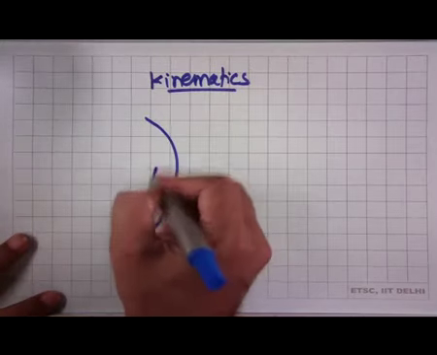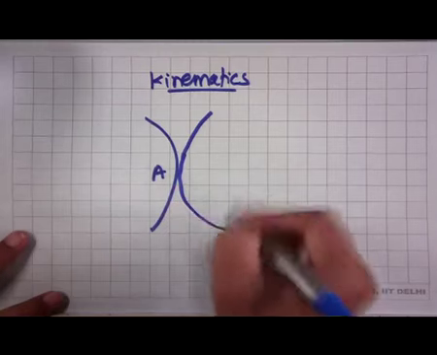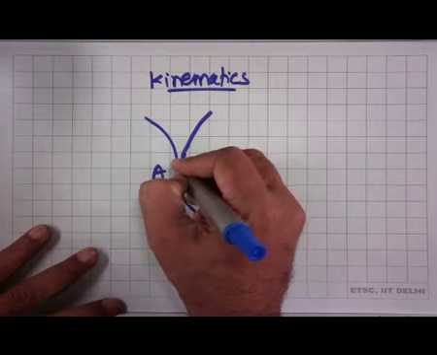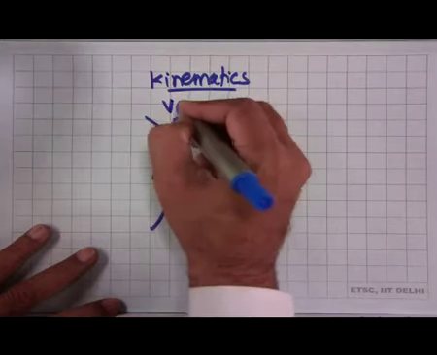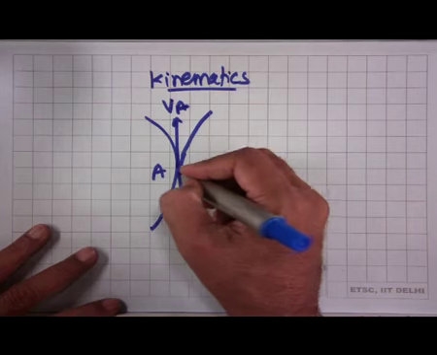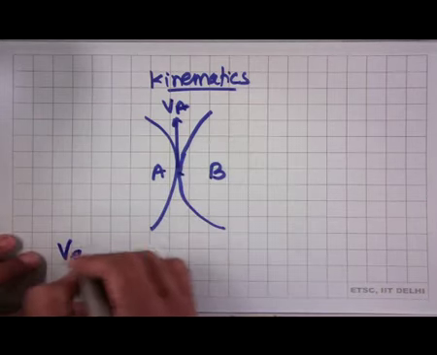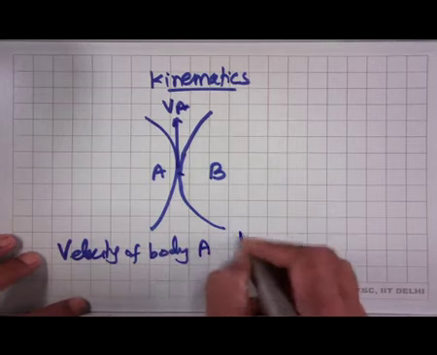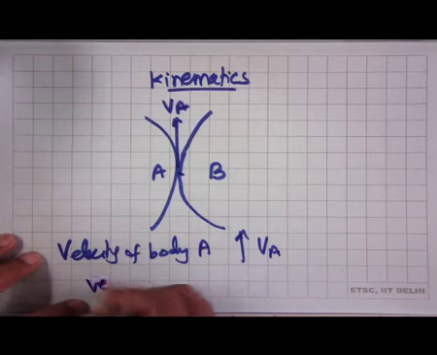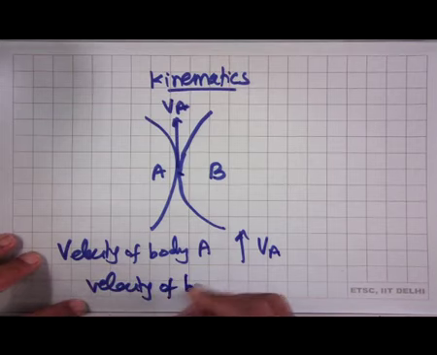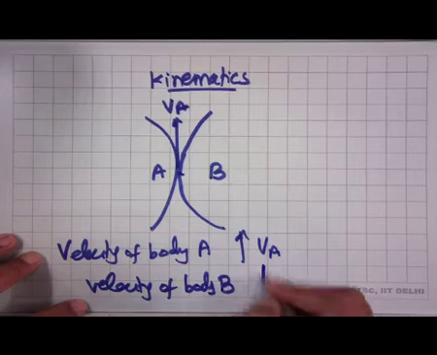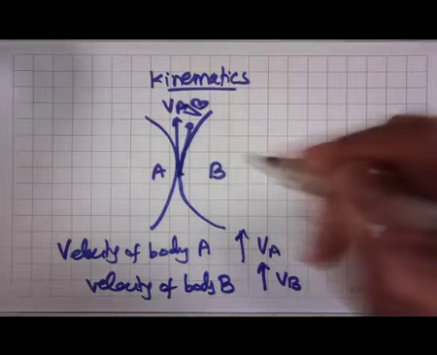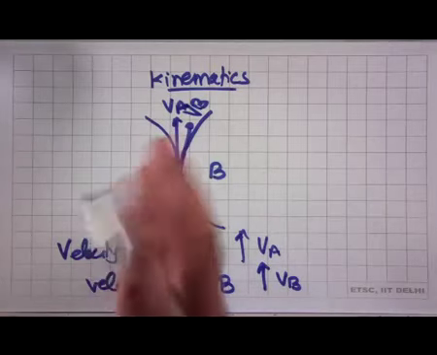So, we have a body A, we have a body B. Now, let the velocity of body A be V A, and the velocity of body B be V B. These are both the tangential components of the velocities.